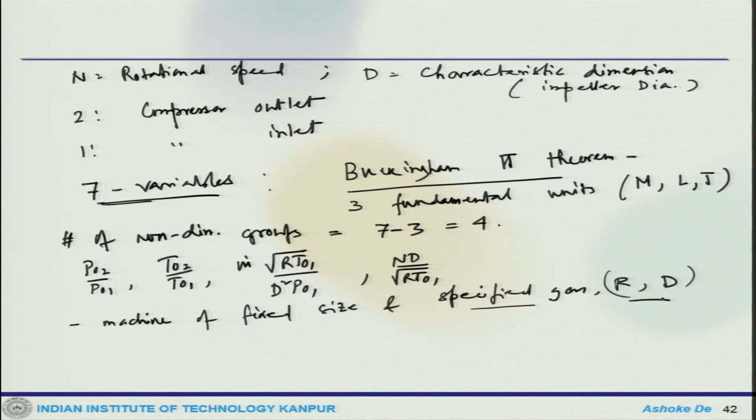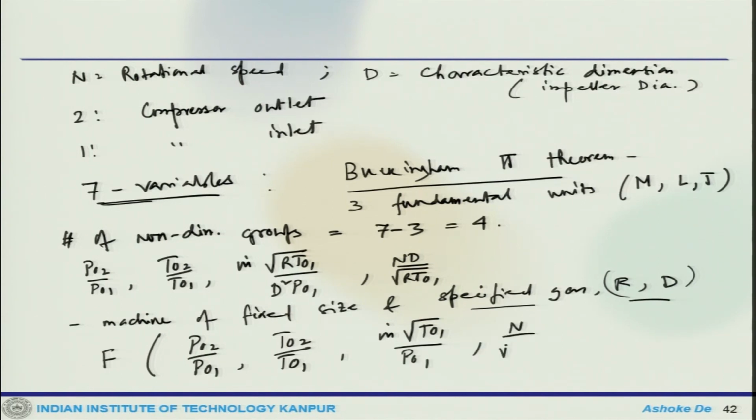So, R and d can be omitted from these non-dimensional groups, because we have chosen a particular gas. So, this will become P naught 2 by P naught 1, T naught 2 by T naught 1, m dot root T naught 1 by P naught 1, and n by root T naught 1.